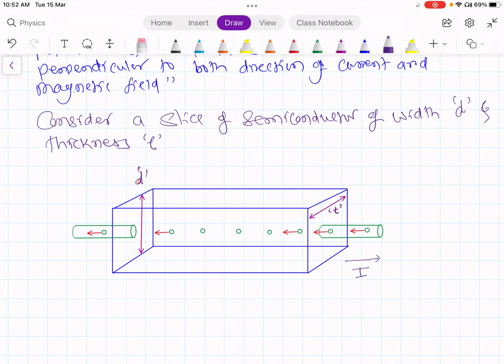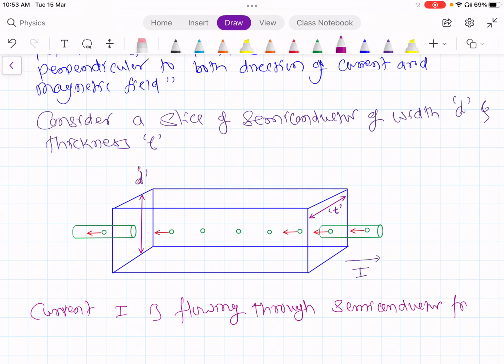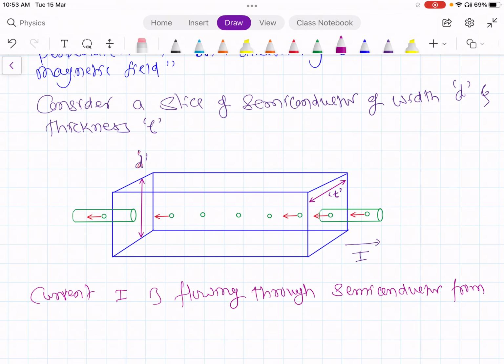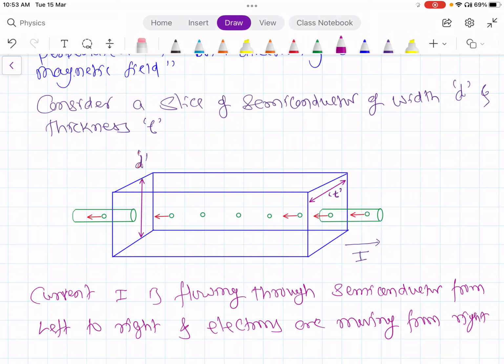So the current I is flowing through the semiconductor from left to right, and electrons are moving from right to left.